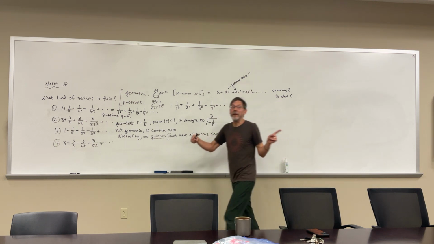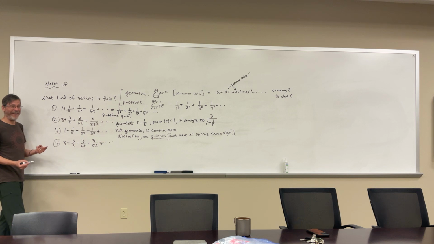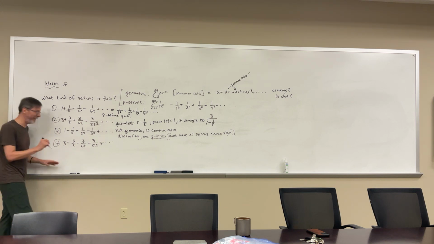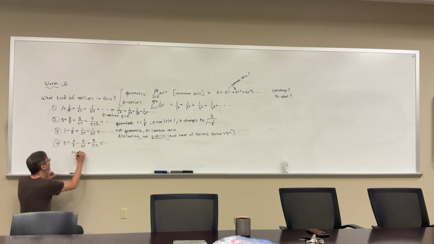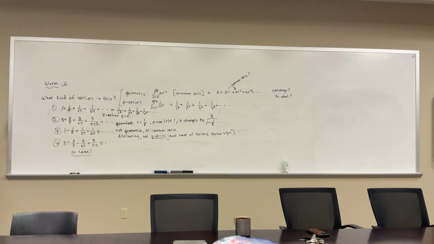This isn't even an alternating series because it has a really weird rhythm to it. So this is nothing that we can name. No name for this series. That was a tough one too. That's a hard one to even deal with. Sound good? Cool, nice warm up.